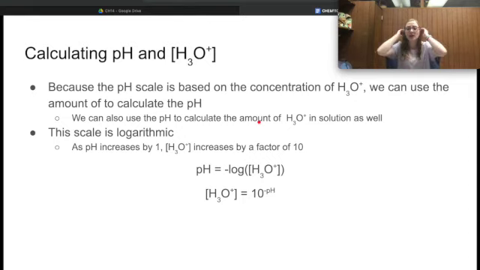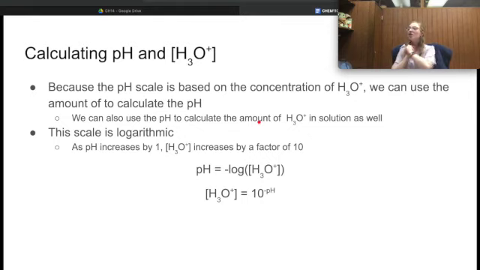When I'm talking about a logarithmic scale, what I mean is, if you increase pH by 1, so I'm going from a pH of 1 to a pH of 2, or from a pH of 2 to a pH of 1, as that pH changes, I'm changing by a factor of 10.